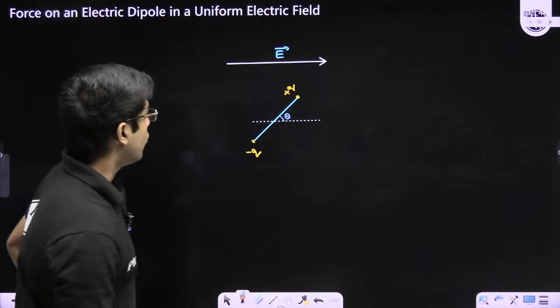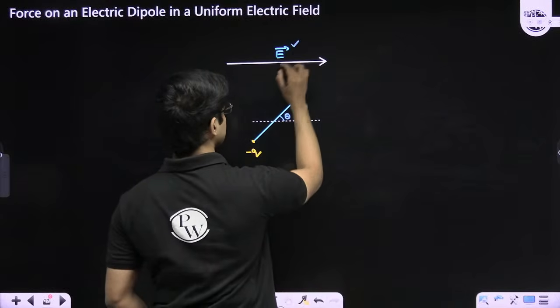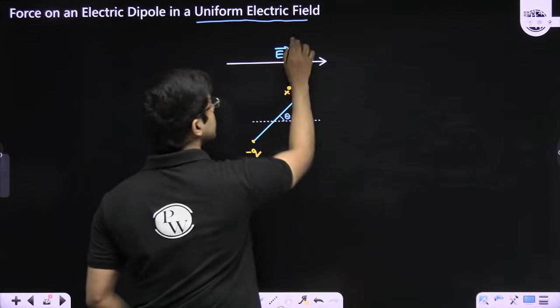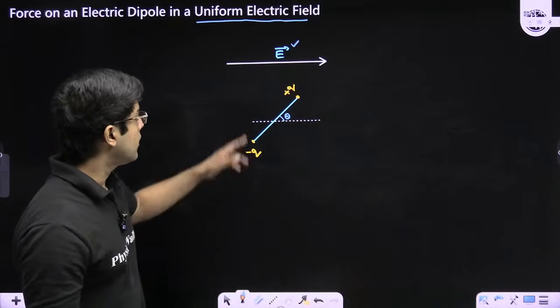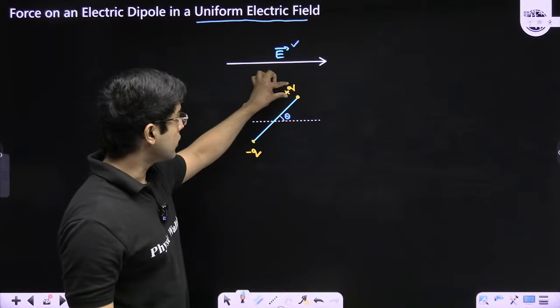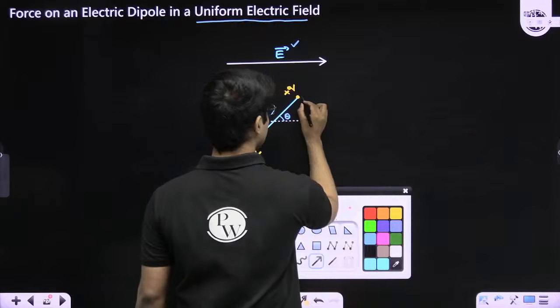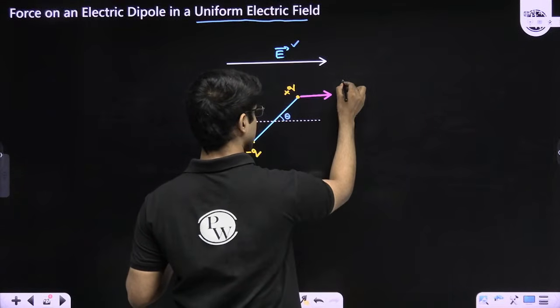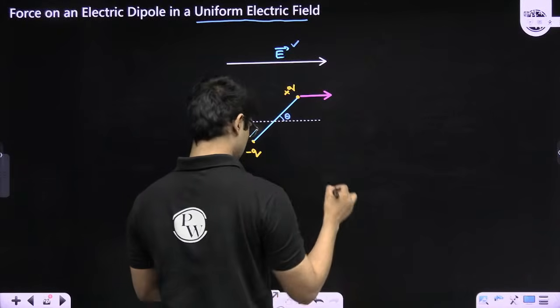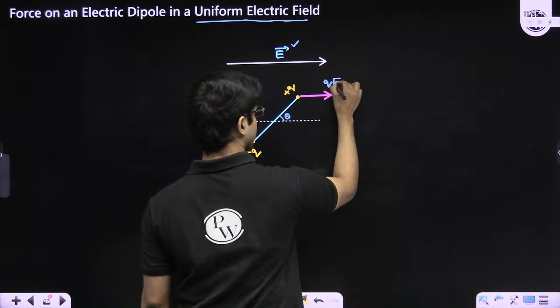Okay, so firstly, if the electric field is in the right direction and it is constant, a uniform electric field means it's a constant electric field. So on the plus q charge, the force will be to the right, the same direction as the field, and the magnitude will be charge times electric field.